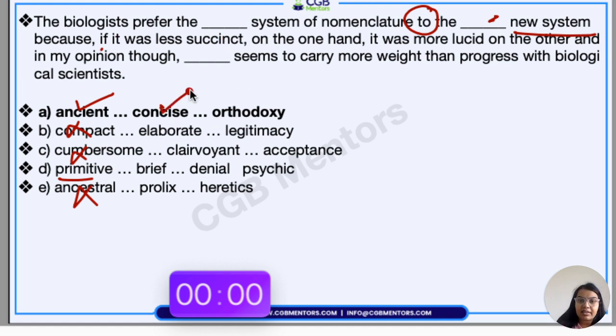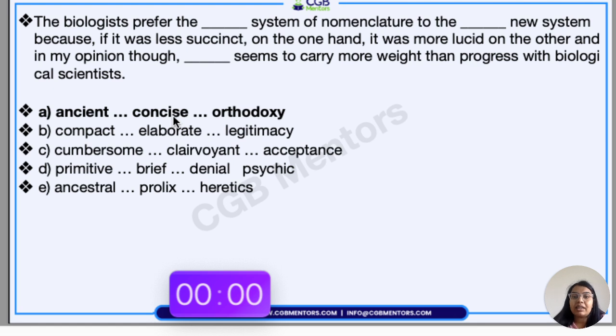So here we will say concise. Now the other word, elaborate, means you get a lot of description in it. Clairvoyant is a person, usually those who believe in forecasting, telling the future and all, psychic in the fashionable word. Prolix means something which is prolonged, protracted. That also makes no sense because here less succinct means it is protracted, which is the old system.